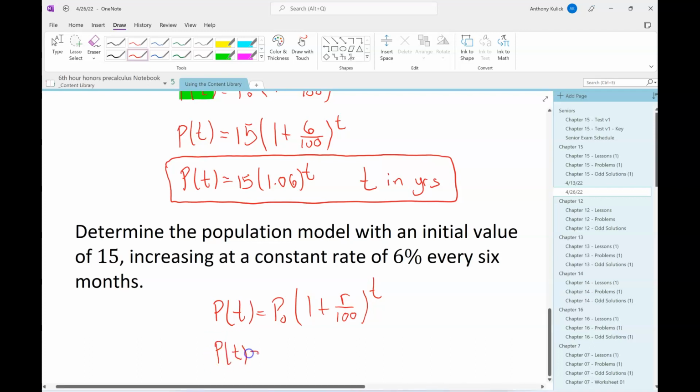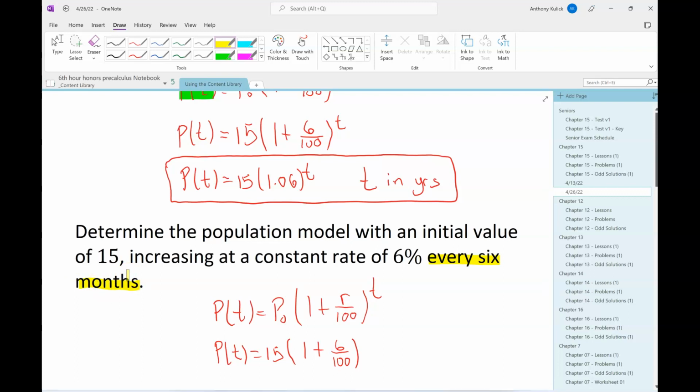So again, my P naught and my R are still the same. What's the only difference here between this problem and the previous one? Yeah, the rate is happening every 6 months as opposed to every year. So how are we going to account for that? It's going to be how we write the t in the exponent.